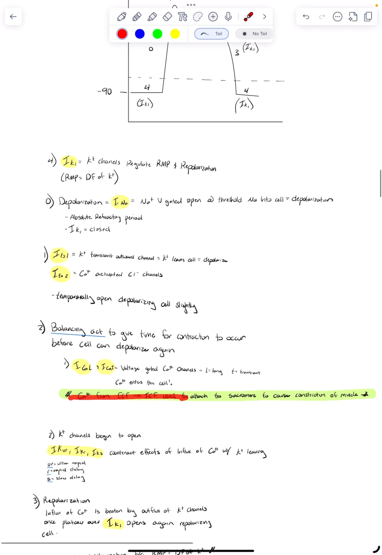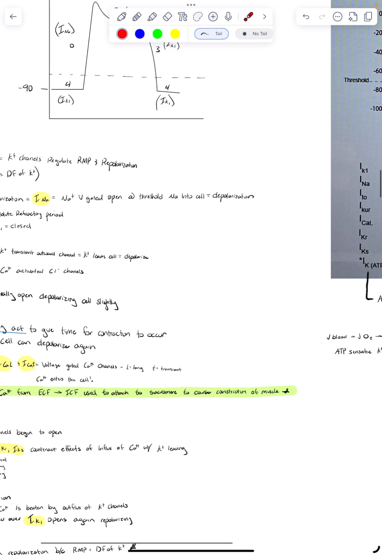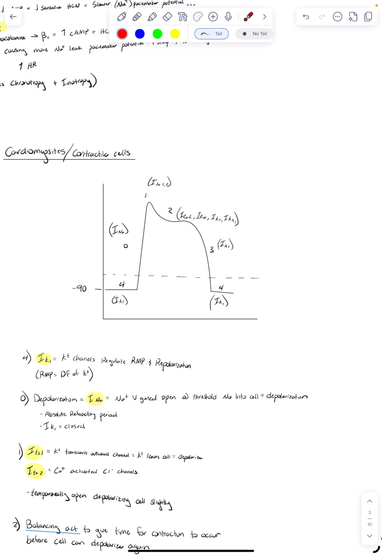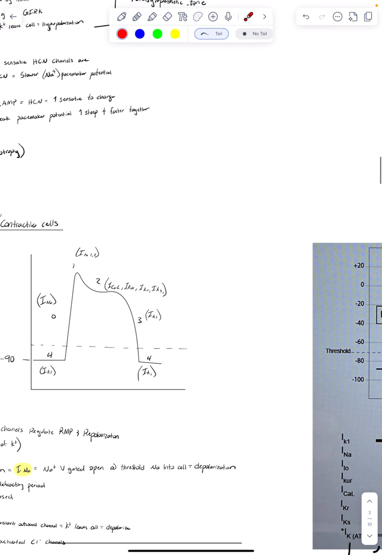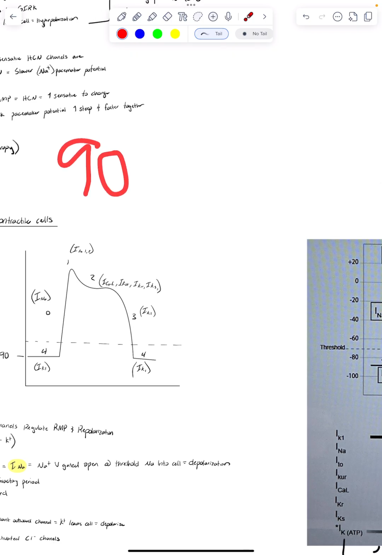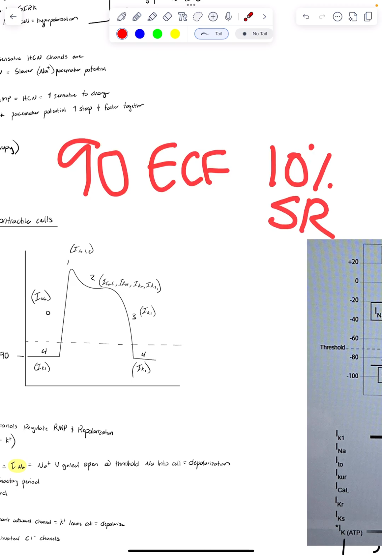So calcium comes in from the ECF to the ICF and attaches to the sarcomere, causing contraction of the muscle. This calcium also helps cause more of a contraction here, which is kind of neat because for cardiac muscle, unlike the other muscles, 90% comes from the ECF and 10% comes from the sarcoplasmic reticulum.